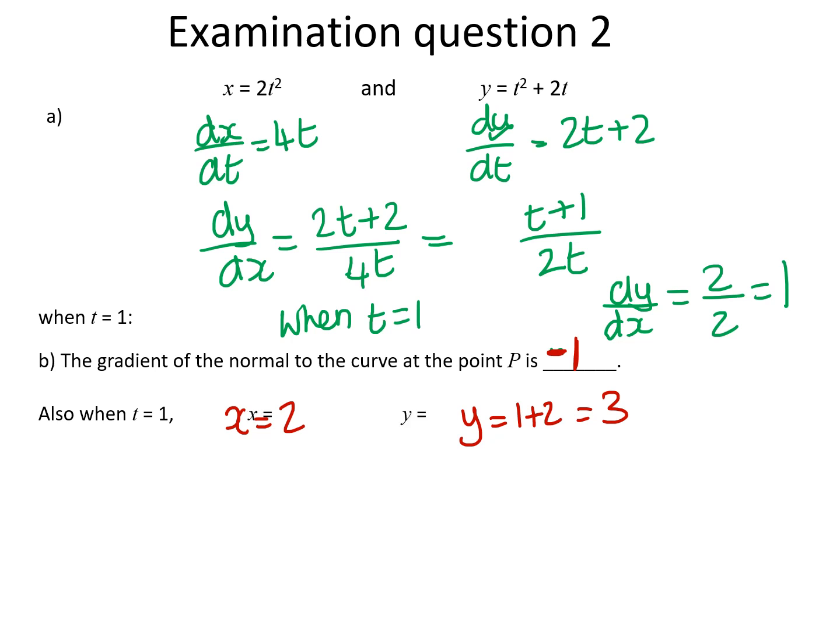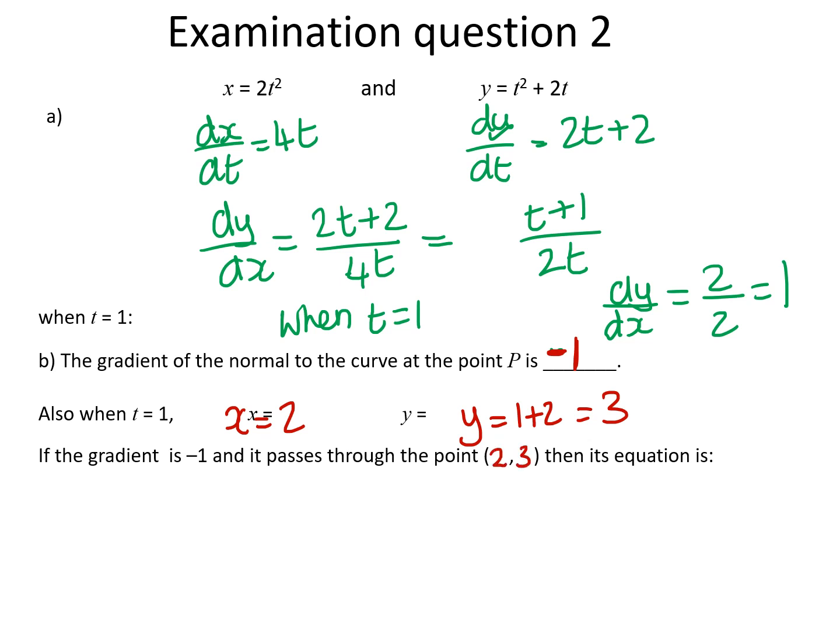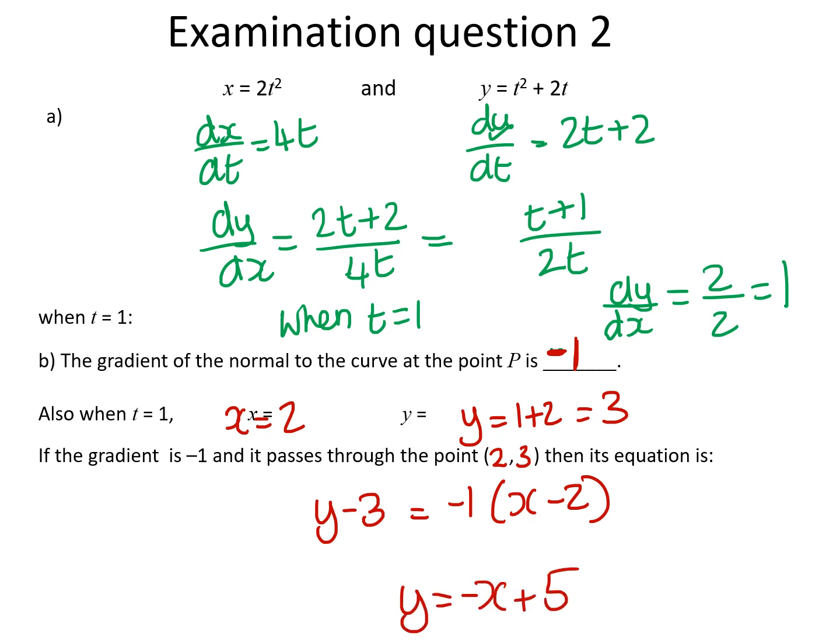So popping that into the equation of a line, we have y minus 3 equals minus 1 times x minus 2. Then you can rearrange that and get y equals minus x plus 5, I think. Lovely.